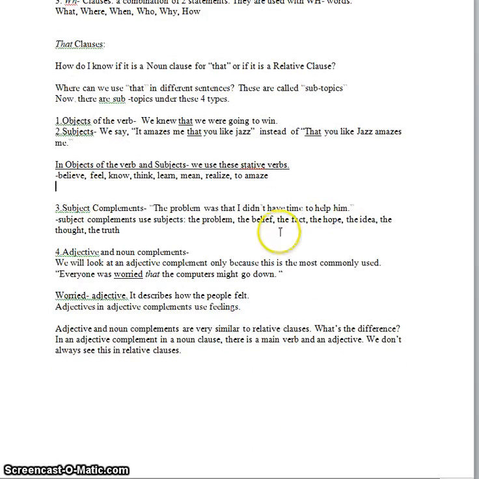Let's talk about subject complements. This is subtopic 3. Subject complements use subjects like the problem, the belief, the fact, the hope, the idea, the thought, the truth.